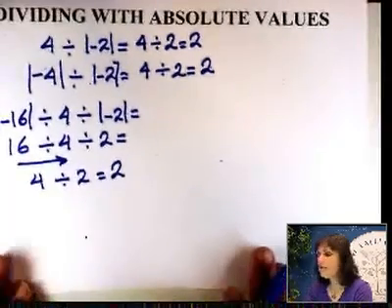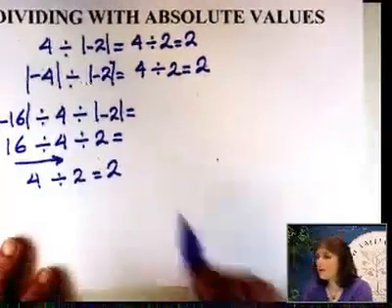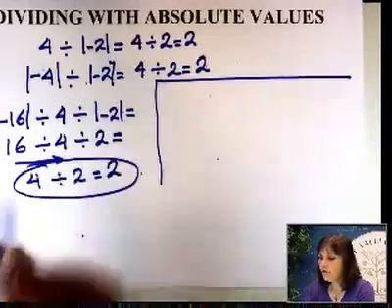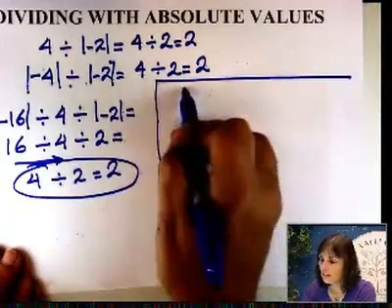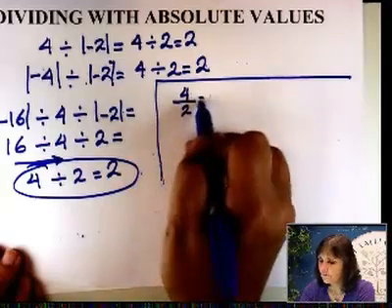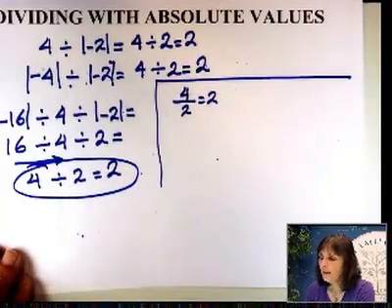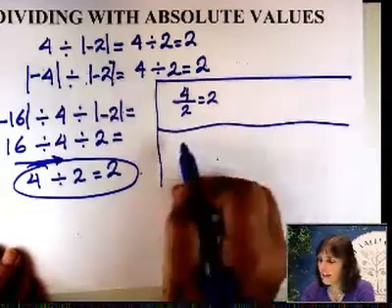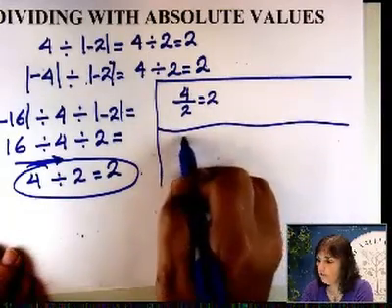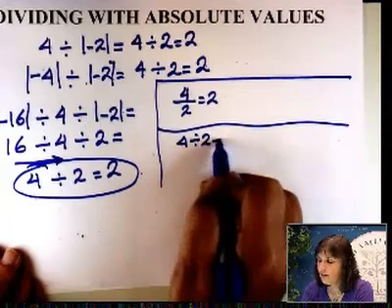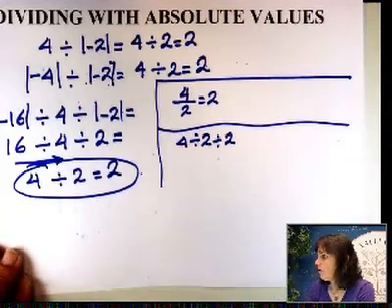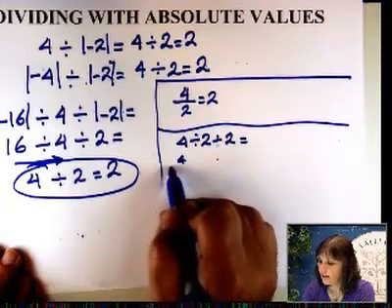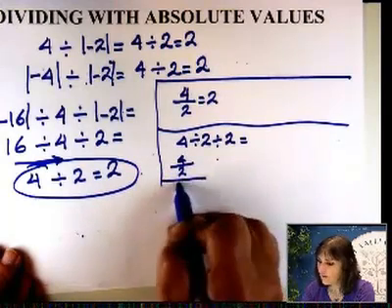Sometimes we will see that in fractions, but I'll just put a note right here. If you have triple divisions like this, 4 divided by 2 divided by 2, you may also see that notation written with fraction bars.